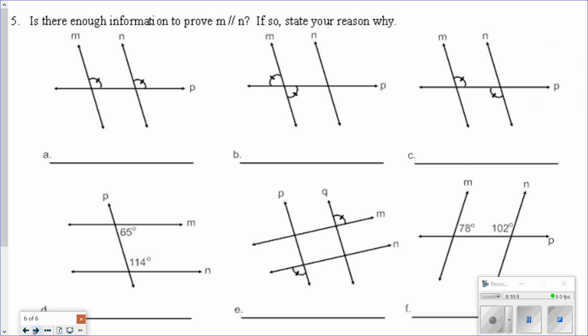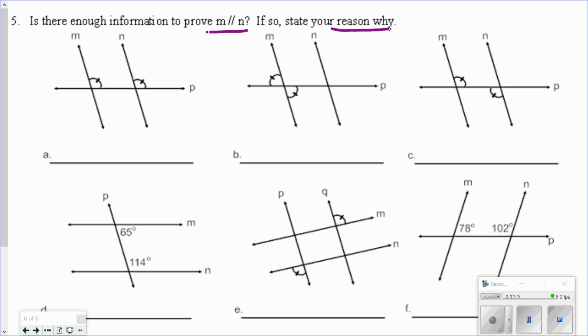In our last problem here, we want to know, is there enough information to prove that lines M and N are parallel? And if so, we want to state our reason. The only reasons we could use are alternate interior, alternate exterior, corresponding, and same side consecutive angles.